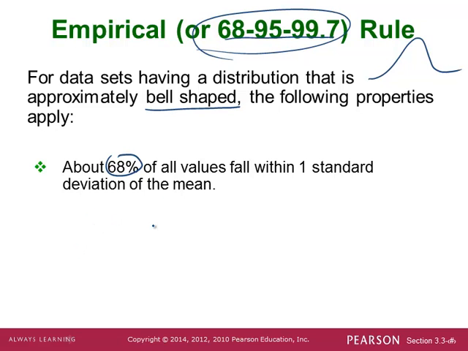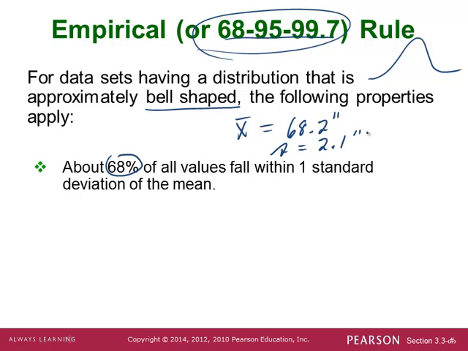So if I measure the height of a bunch of young men, and it turned out the average height was 68.2 inches, and the standard deviation, let's suppose, is 2.1 inches.